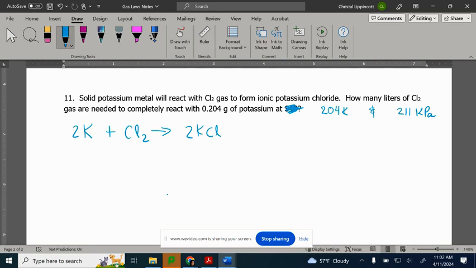All right, that'll work out then. So, we're going to take this, and the first thing we need to do is figure out moles. So I'm going to divide by the molar mass of potassium, which is 39.1, and that's going to give me my moles of potassium to put down here.